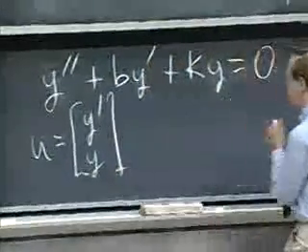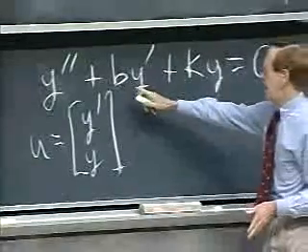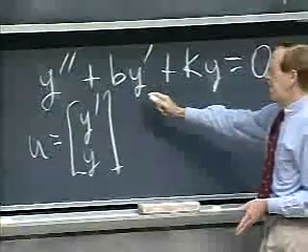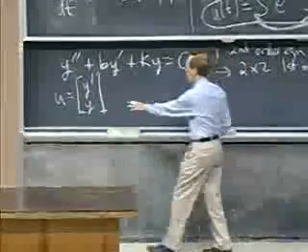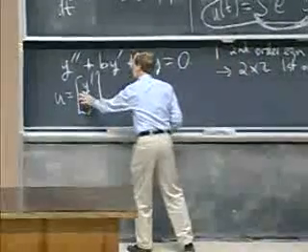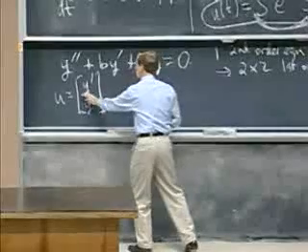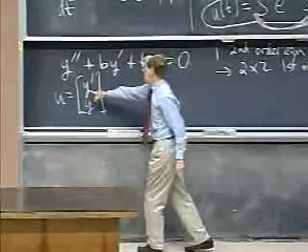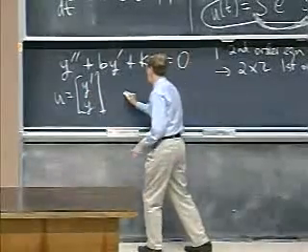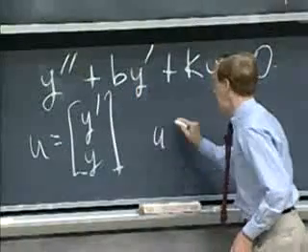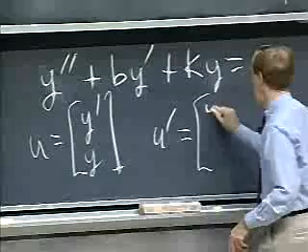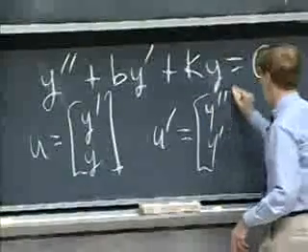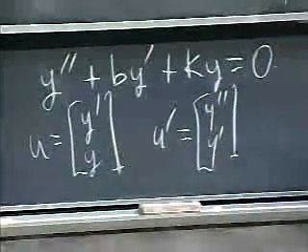What I'm going to do is add an extra equation, y prime equals y prime. So using this as the vector unknown, my first order system is u prime. That'll be y double prime, y prime, the derivative of u.